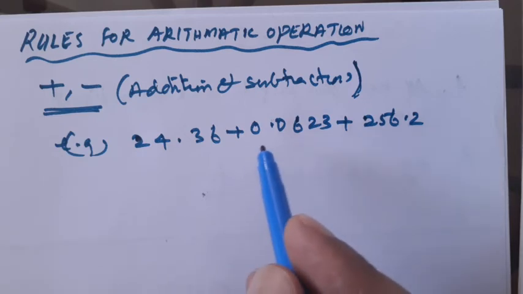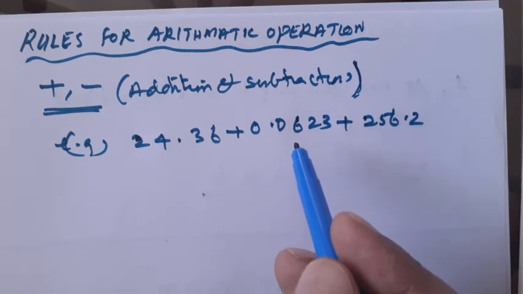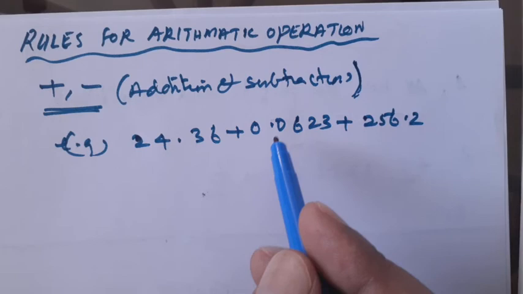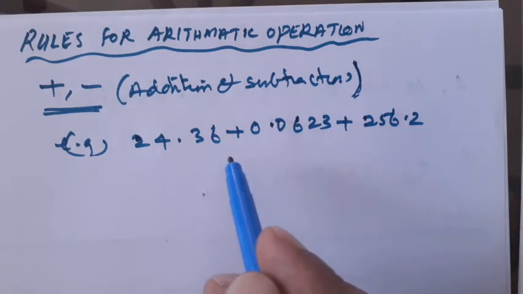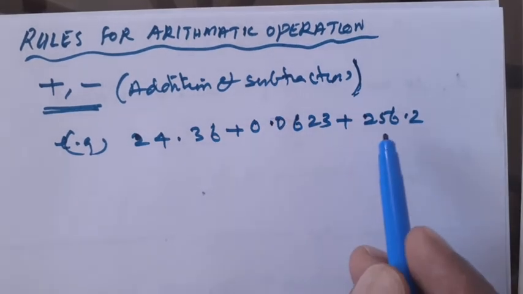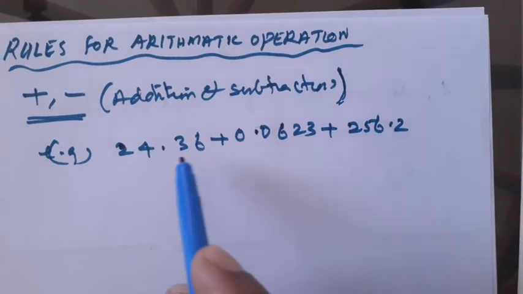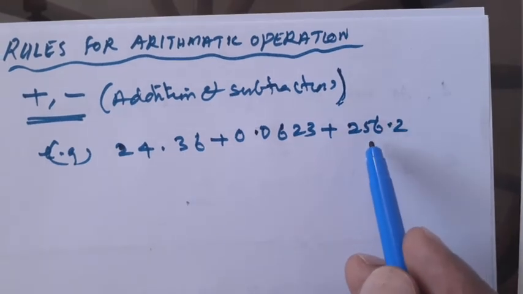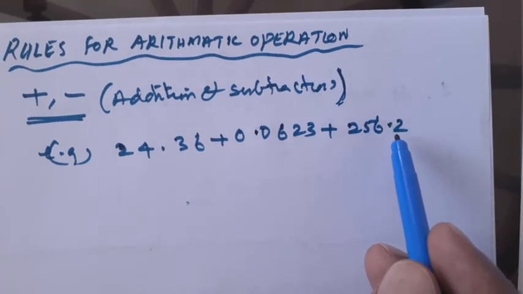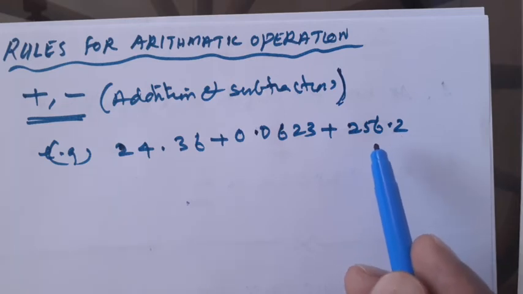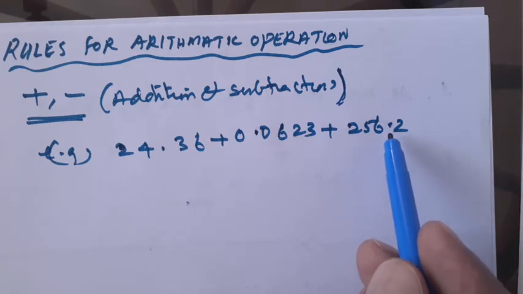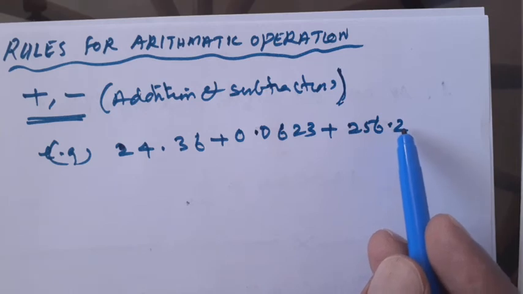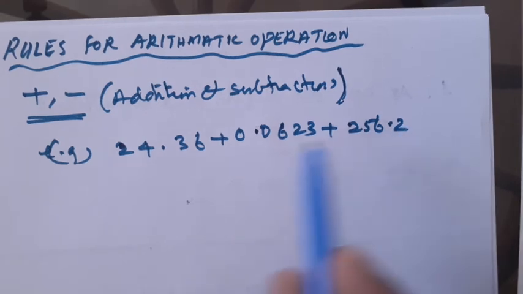So what should be the final result? What is the significant figure of the final result? How to express this final result in terms of its own significant figures? So what is the least decimal place among these three values? 256.2. So your final answer should be expressed to the least decimal place. That means 1 decimal place, right?